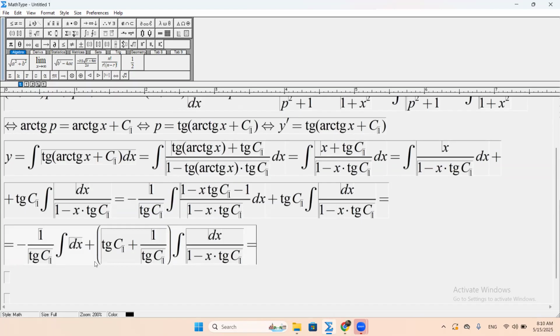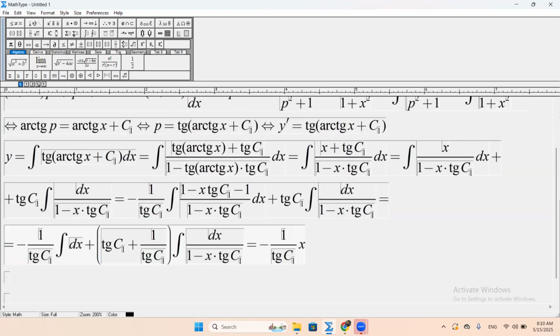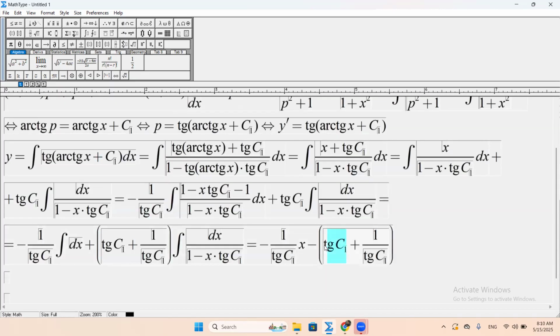Here we have minus 1 over tangent of C1 times x, and here minus 1 over C1. Let me use this formula and simplify this expression a little bit.